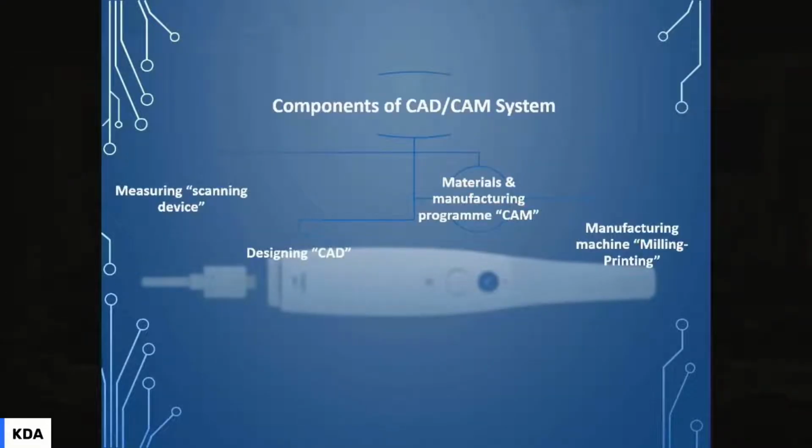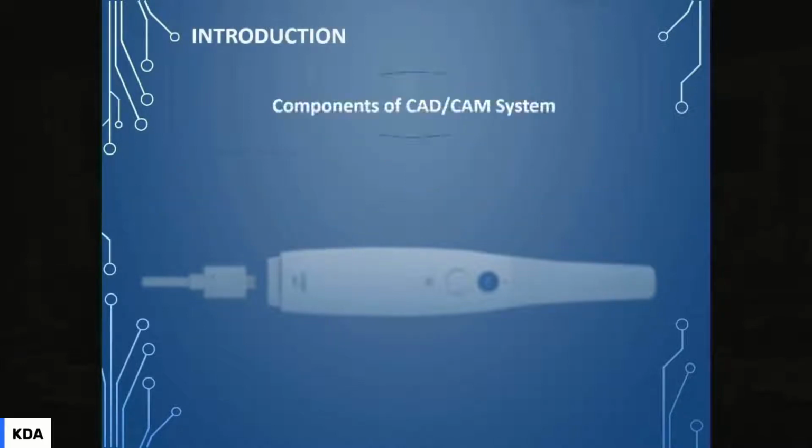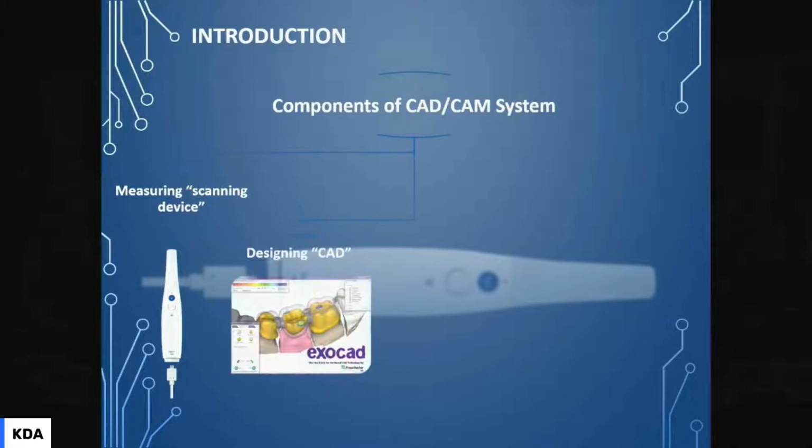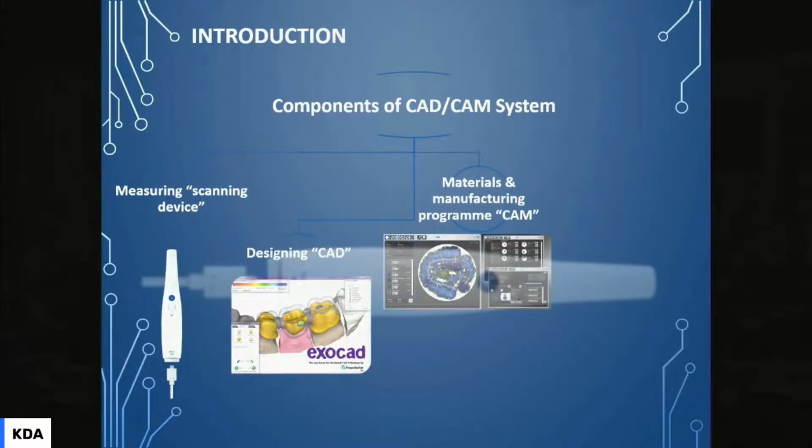So basically a CAD/CAM system is a system or a workflow that consists of a CAD, which is computer-aided designing, and a CAM, which is computer-aided manufacturing. And basically, this consists of designing software and a manufacturing software.